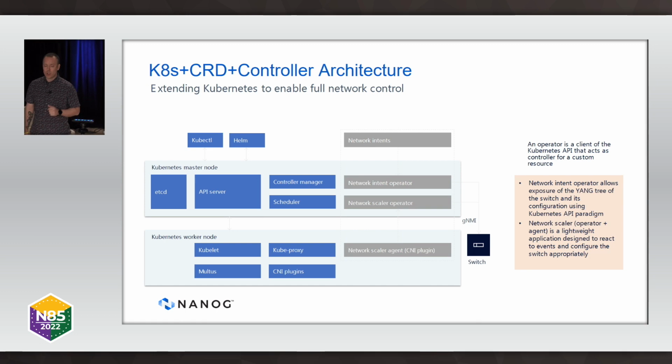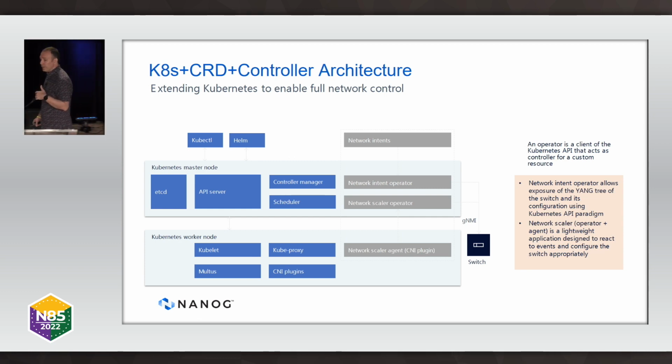How is the controller that we are proposing working in this environment? Well, we have two operators. One operator, running in the master node, is the intent operator. The intent operator is collecting the information of the CRDs, and depending on what changes we have in the CRDs, is reconciling that information directly on the switch or router through gNMI.